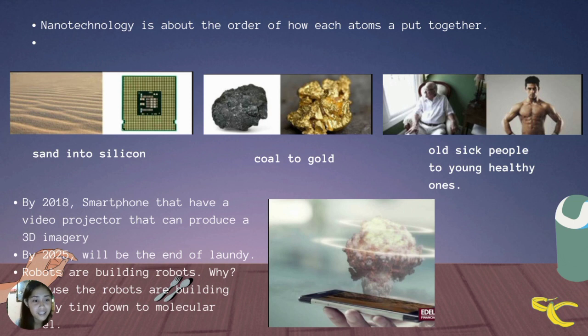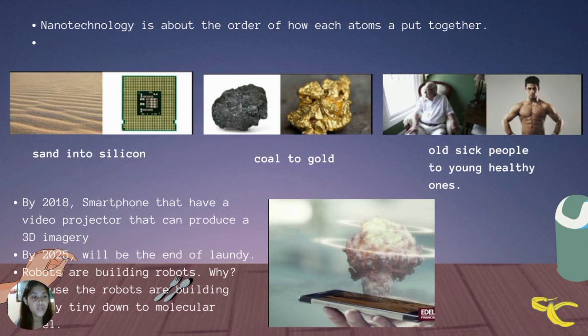By 2018, it was projected that smartphones would have a video projector that can produce 3D imagery. Awesome. However, we don't know what the effect of that is on us.